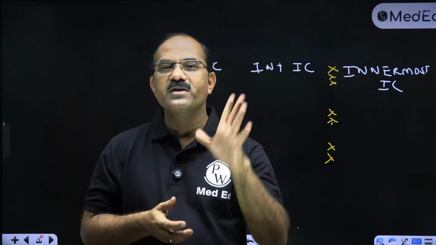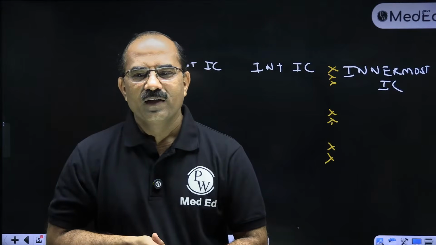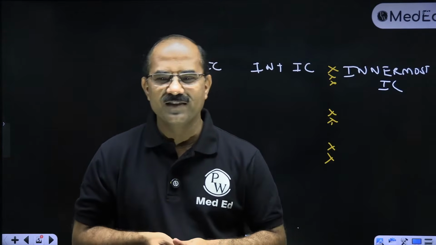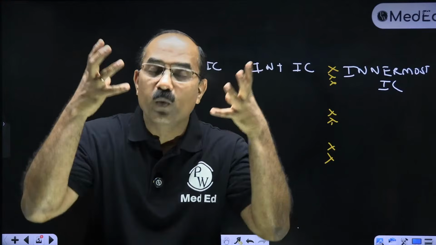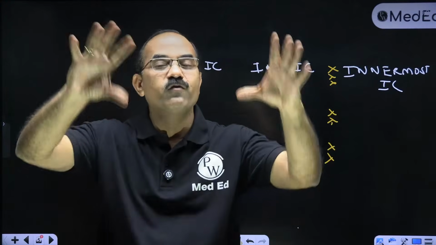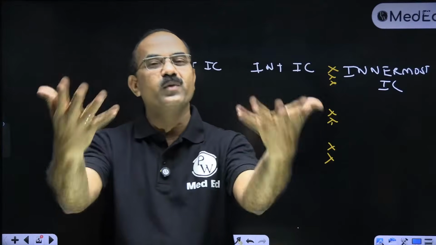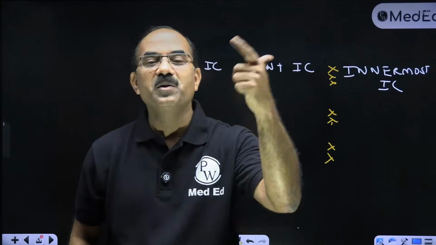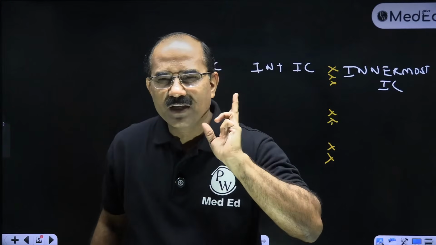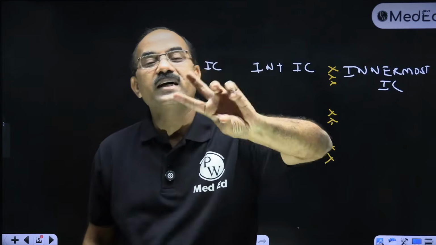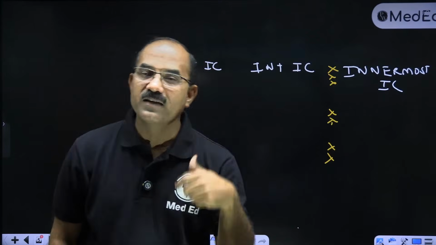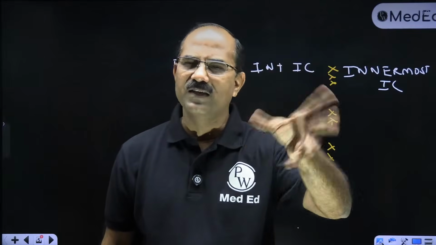Swapnamay has just answered between which two muscles, but which nerve and vessels are we talking about in the neck? The neurovascular plane of the neck is the subclavian artery and the brachial plexus. Remember, in the neck it lies between which two muscles? The scalenus anterior and the scalenus medius.